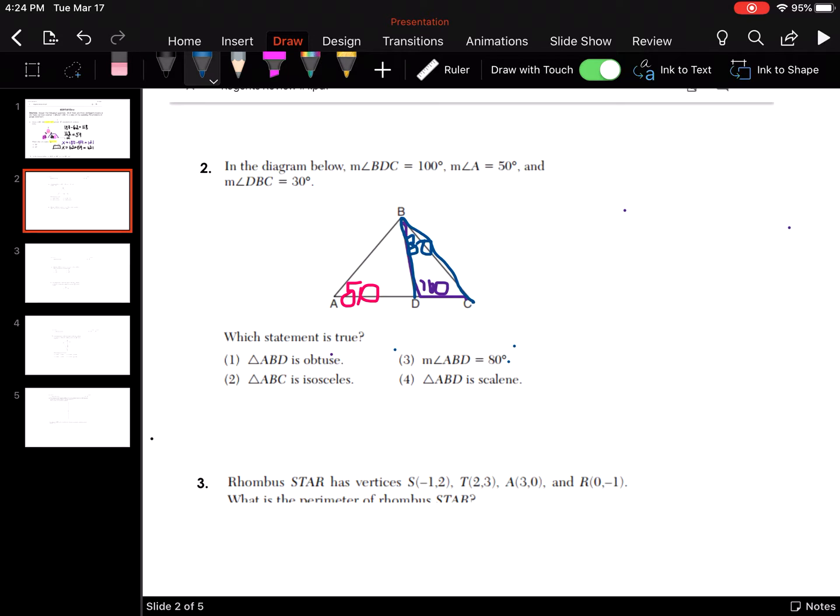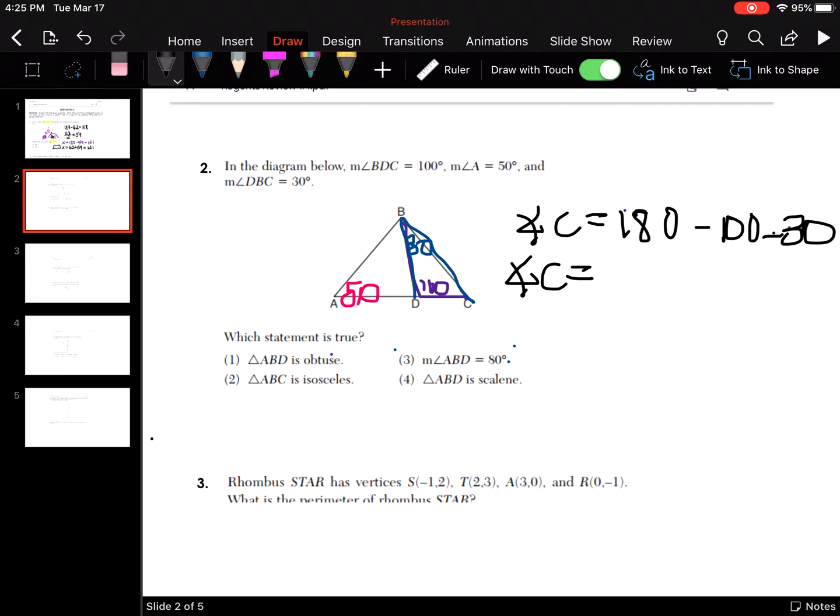So right away, we would know that angle C is going to be 180 minus that 100 and that 30, which means that angle C is 50.